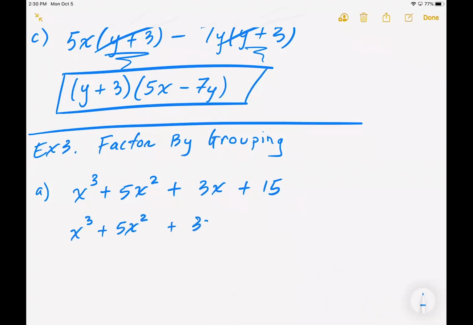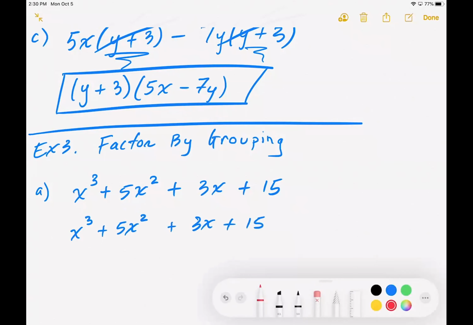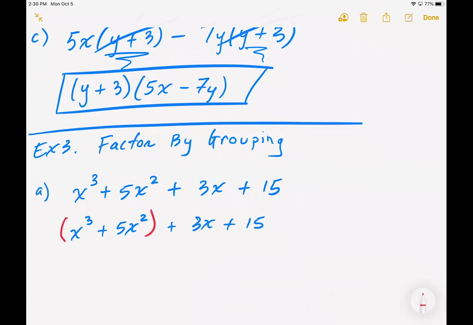The direction tells us that we need to factor by grouping. To group, take the first 2 and put the second 2 in a second group. So we group the first 2 items and we group the second 2 items.